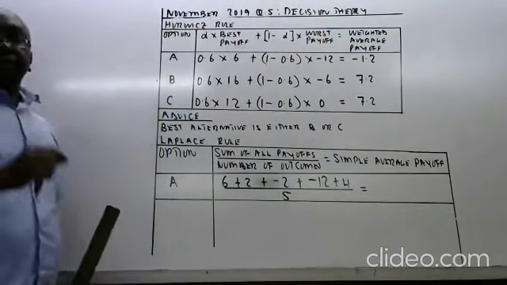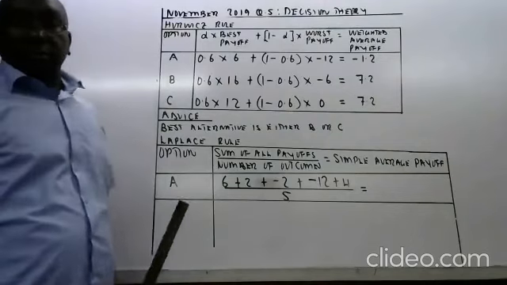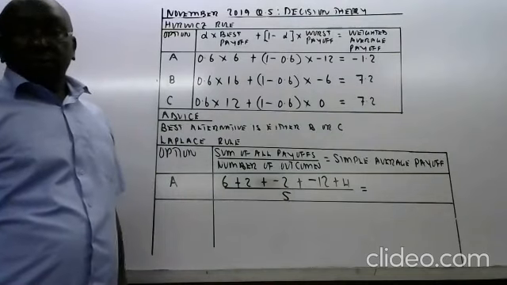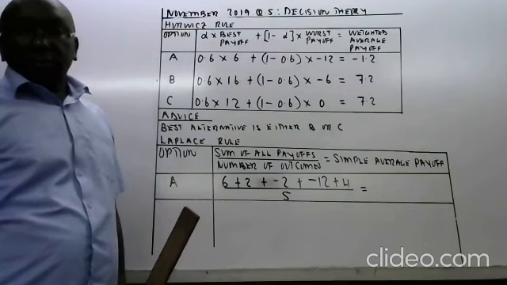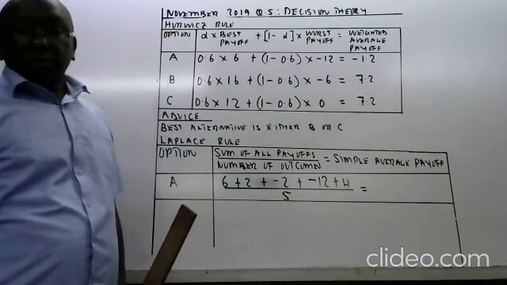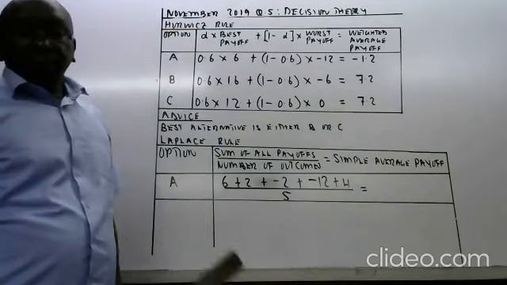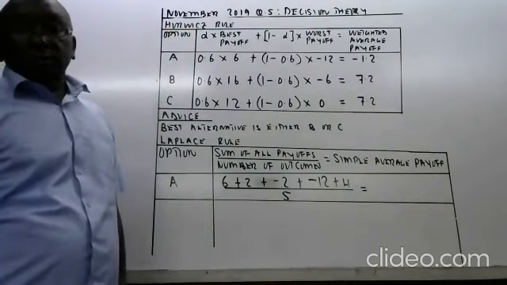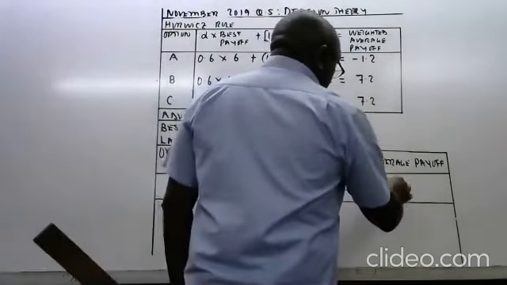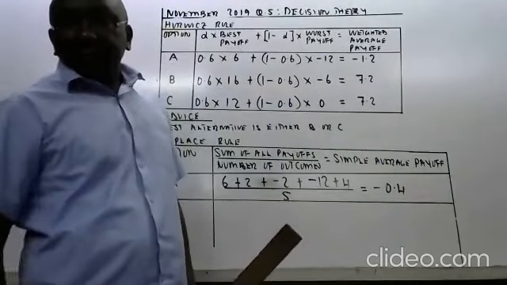Give me the answer. Minus 0.4. That is according to Halima, Biongo, Kaltuma.